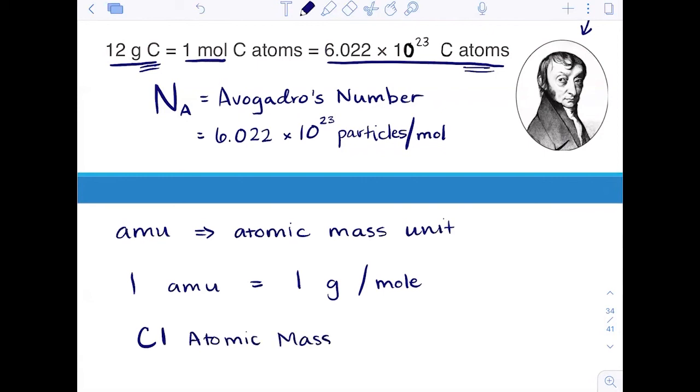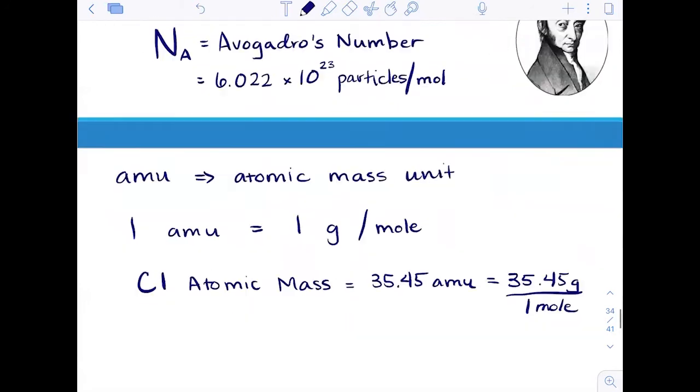And that atomic mass was 35.45 AMUs. But what we can do now is take that number into the lab. It's so exciting, 35.45 grams per 1 mole of chlorine.